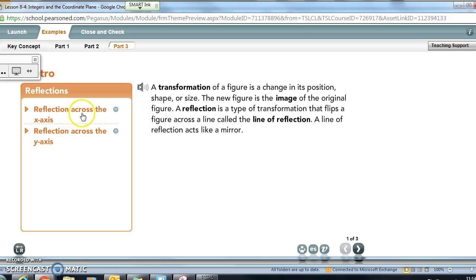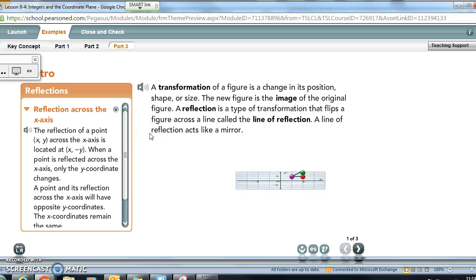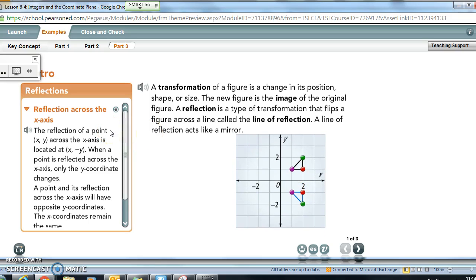Okay, so let's go ahead and learn about the reflection across the x-axis. Reflecting across the x-axis makes a mirror copy of the original figure on the other side of the x-axis. The coordinates of the original figure are 1, 1. The coordinates of the image are 1, negative 1.